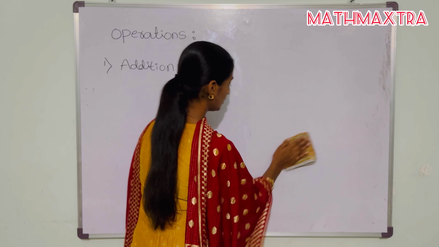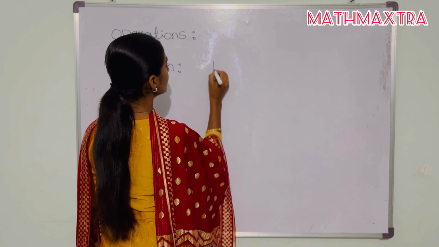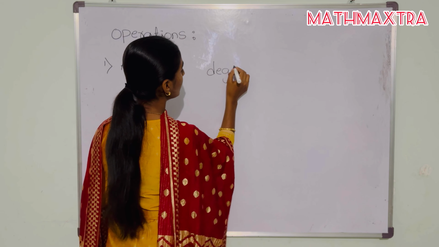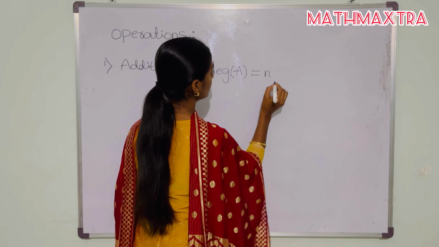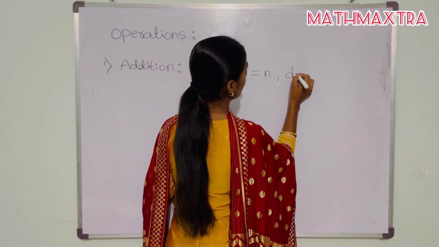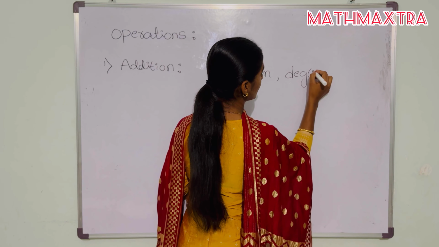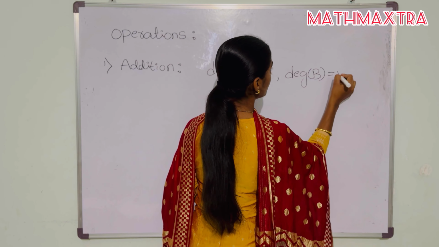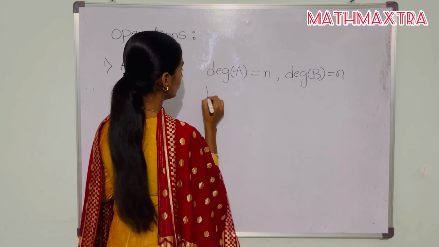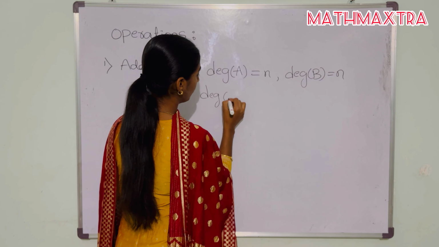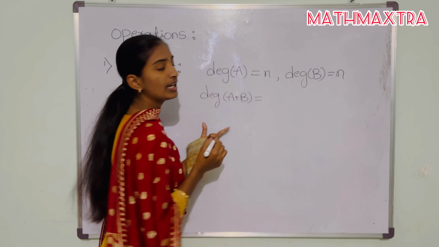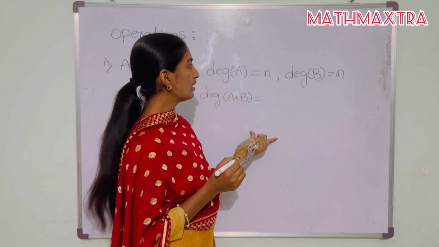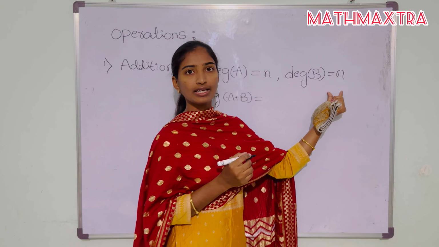First, let us take the degree of an expression a, which is equal to n, and I am considering one more expression, that is b. The degree of b is also n. Now, what is the degree of a plus b? That we cannot determine, because these two are same degree terms.